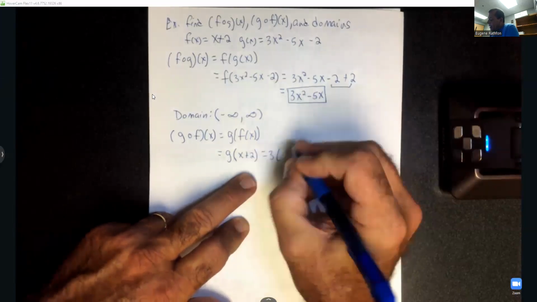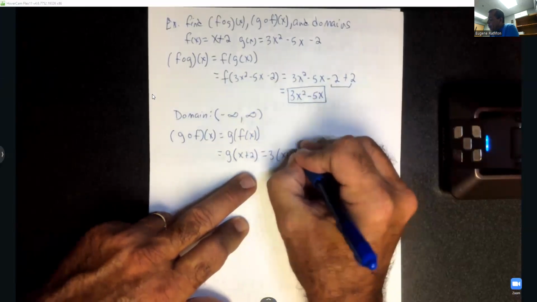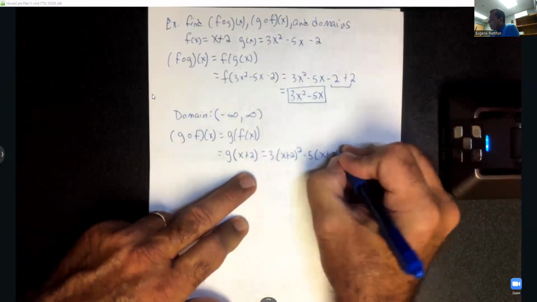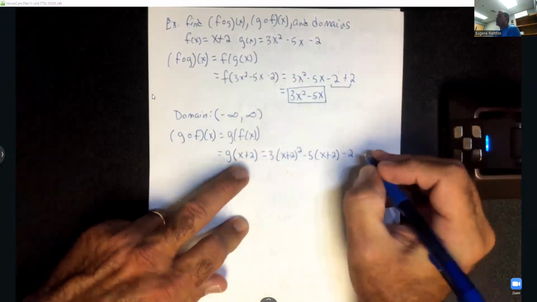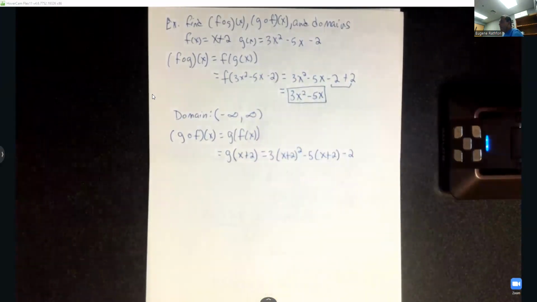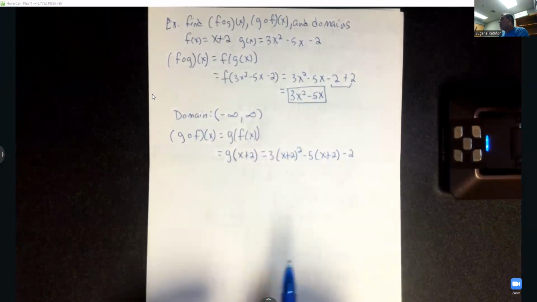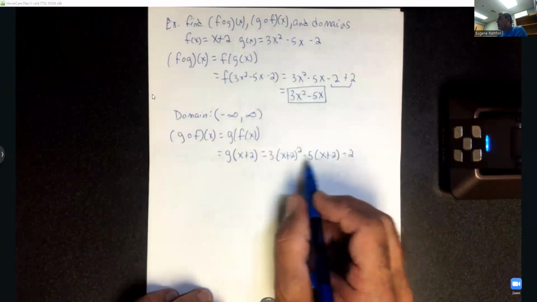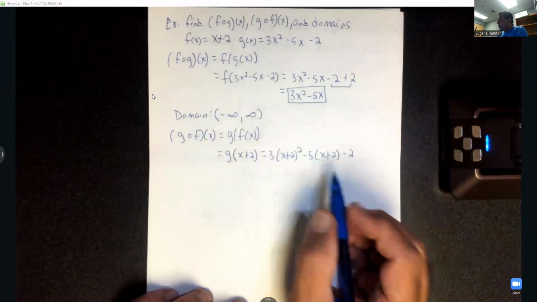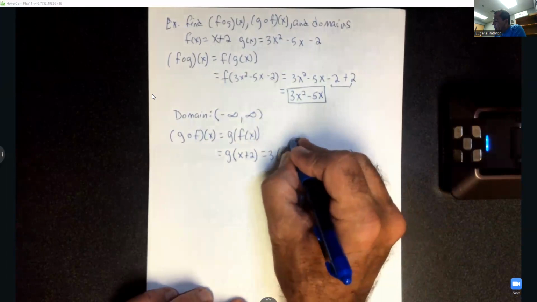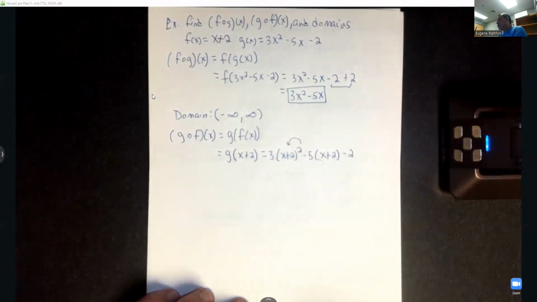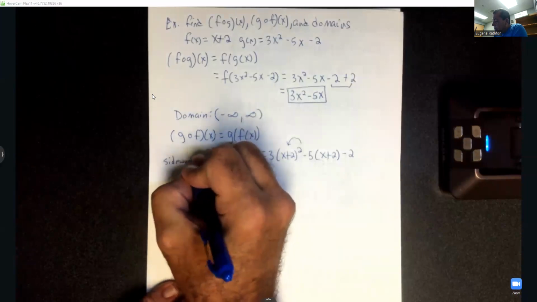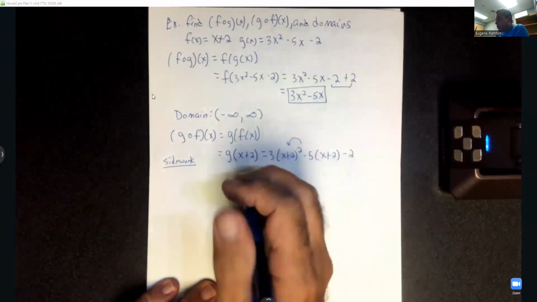So we got 3 times x plus 2 squared minus 5 times x plus 2 minus 2. All right, y'all, order of operations means work inside the parentheses, but there's nothing I can do inside the parentheses. So the exponent has next priority. That x plus 2 is being squared, so I'm going to do some side work and take that x plus 2 squared.